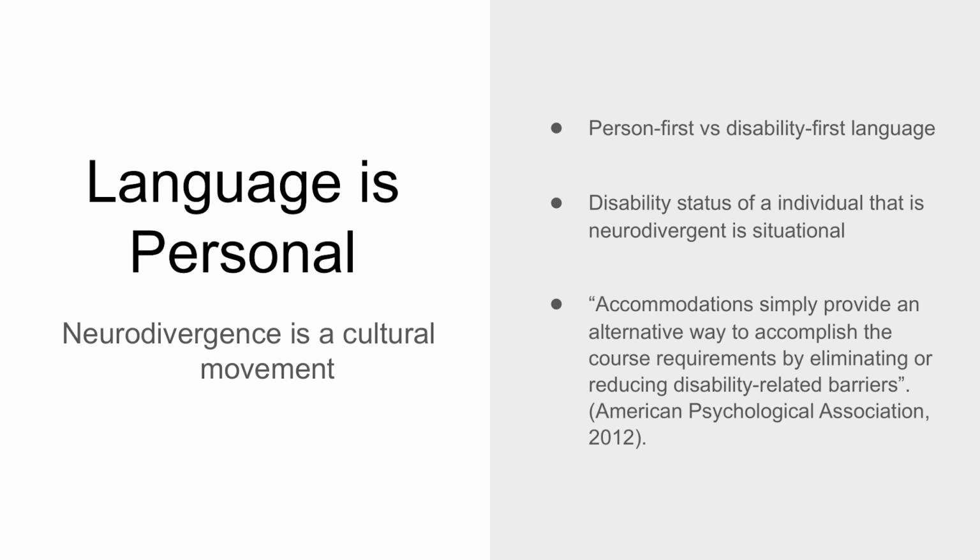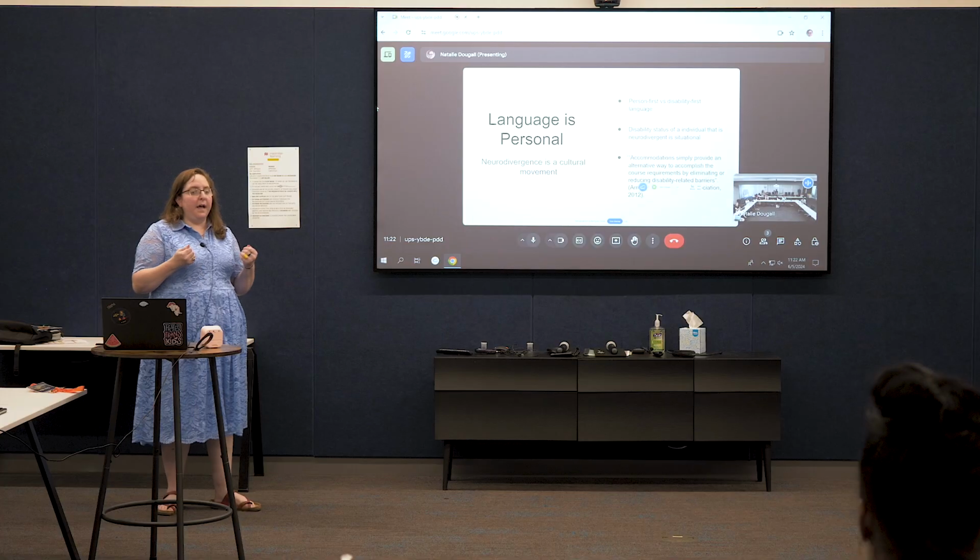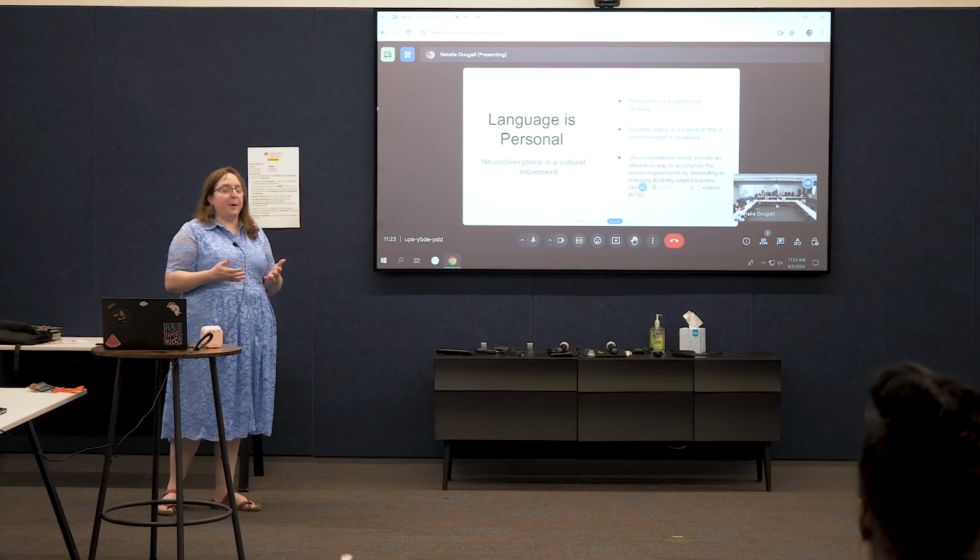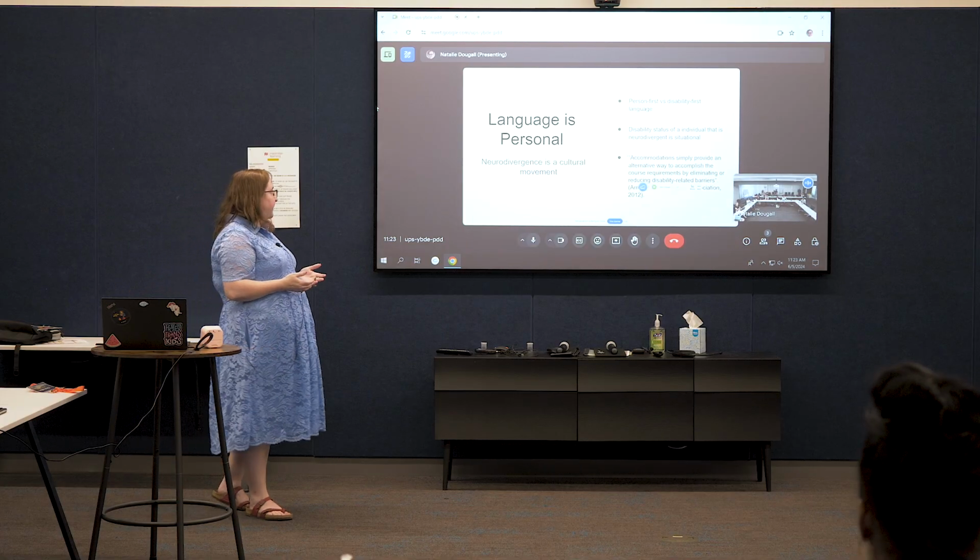Language is a very personal thing. A lot of people prefer person-first language, especially when they're talking about individuals with disabilities, but I have some students that actually prefer to use disability-first language. Neurodivergence is a cultural movement, and for some individuals, it's a big part of their culture and their identity. And so it's important to recognize that that is a personal decision for individuals.